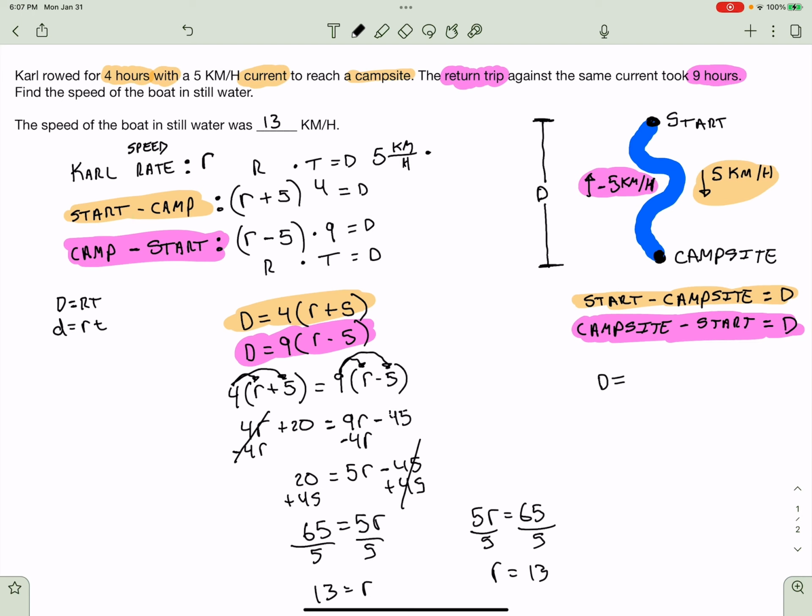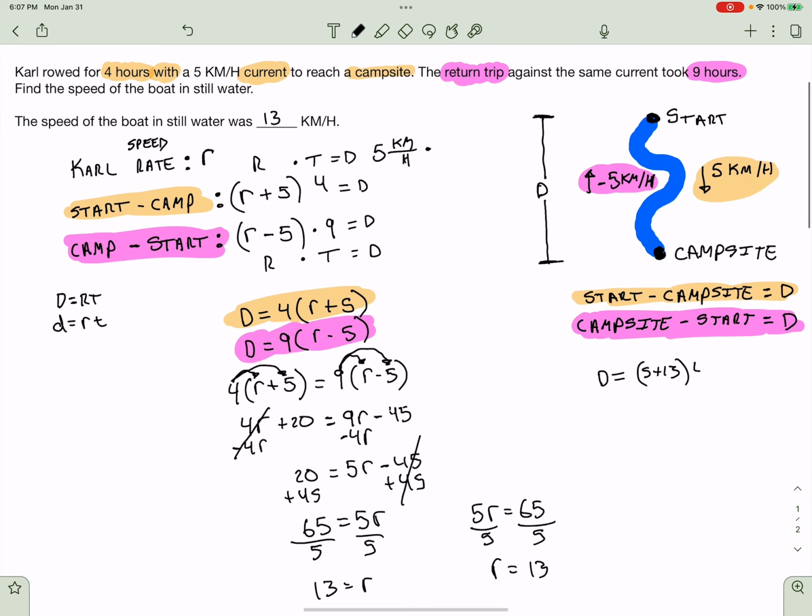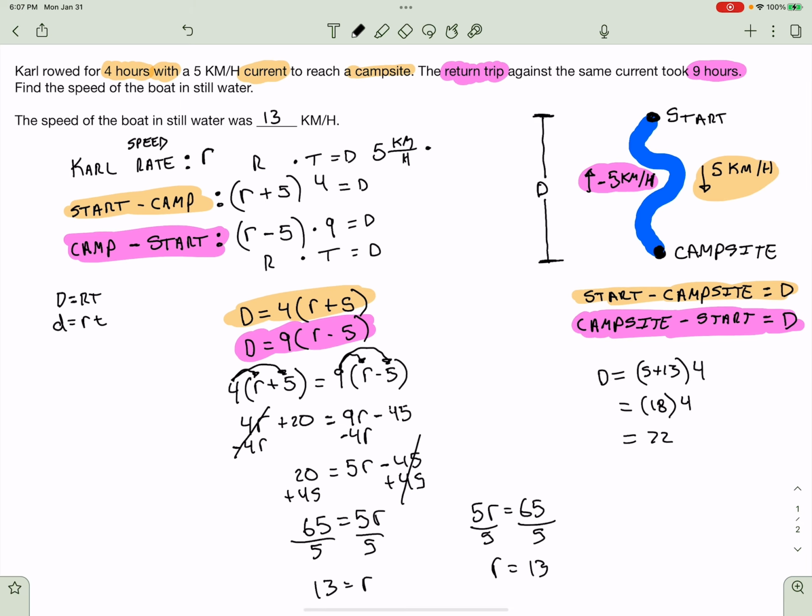So that's going to be 5 plus 13 times the time, which was 4 hours. And that's going to be 18 times 4. And what is that? That is 72, I believe. 72 kilometers. That's quite a distance.